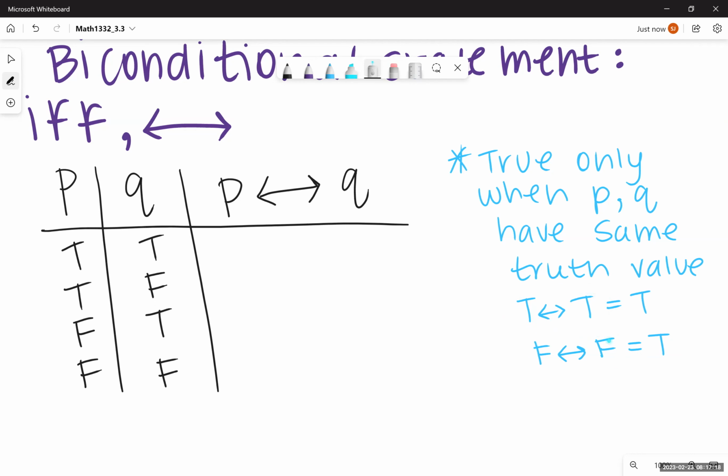Okay, so you could think like double T's or double F's or them both being the same, the arrow points in both directions, anything like that. Okay, so whenever we go to answer this first case, true, if and only if true is true. True, if and only if false, these do not match right there. Because those do not match, I do not get a true, I get a false. Third case, false. Last case, true.